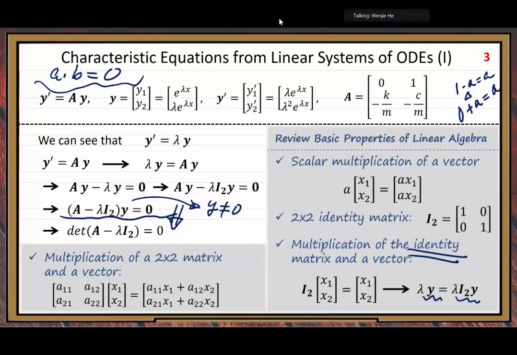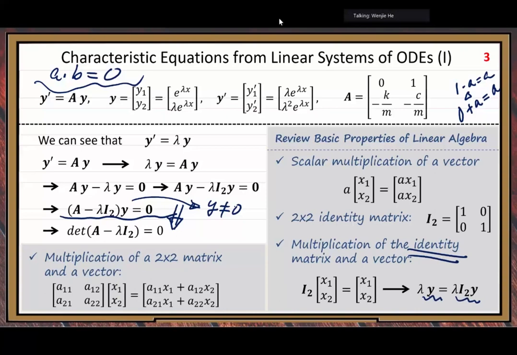Determinant can only be defined on square matrices, not on non-square rectangular matrices. Sometimes our linear system may have rectangular non-square coefficient matrices. But when you use the identity matrix, it must be a square matrix.